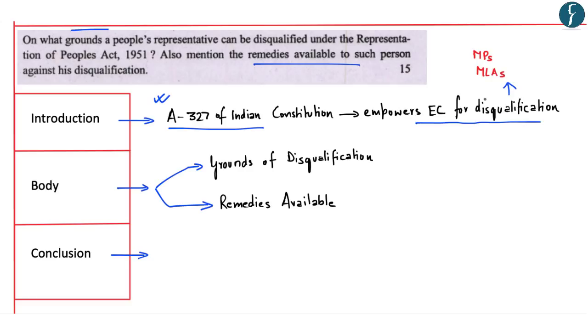Accordingly, the Parliament has enacted the Representation of People Act of 1951. After mentioning this, you can straight away come to the grounds of disqualification as provided under the Representation of People Act of 1951 and also remedies available with respect to such disqualification.